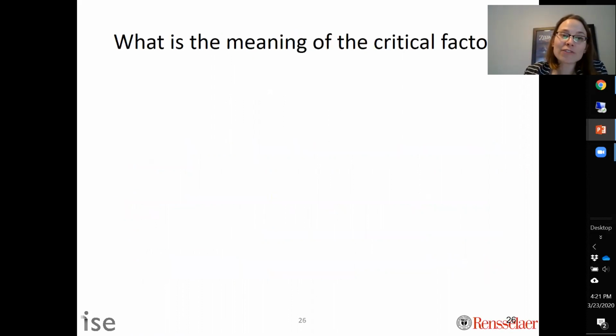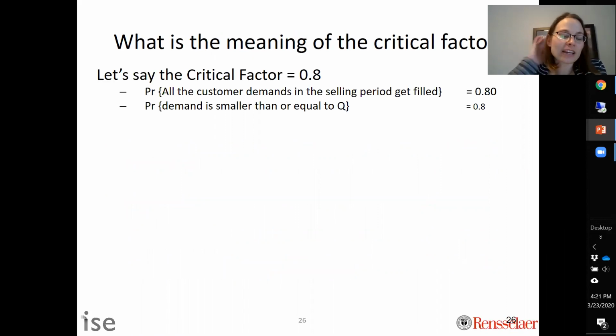If we examine the critical factor, let's say we calculate the critical factor as 80%. What does that mean? Mathematically, that means the probability that all the customer demands in the selling period get filled is equal to 80%. It also means the probability that demand is smaller than or equal to Q is 80%, because we can only sell something if we have it.